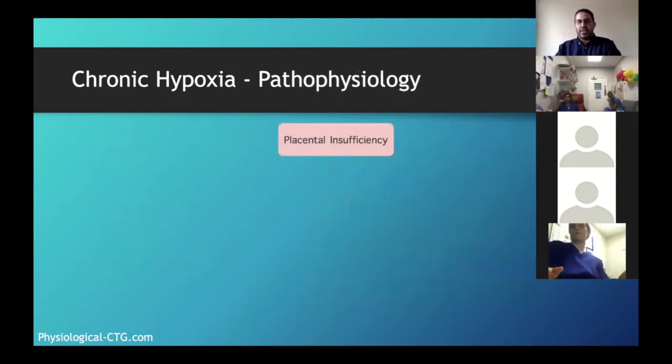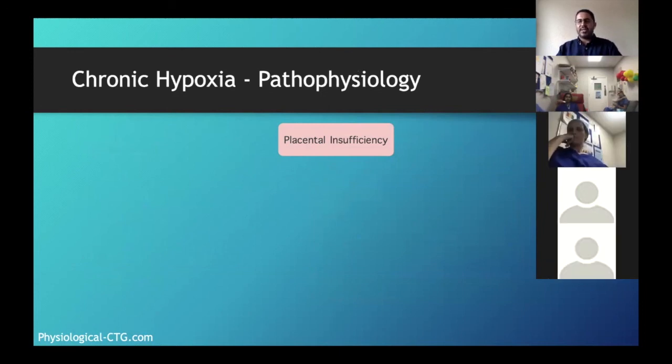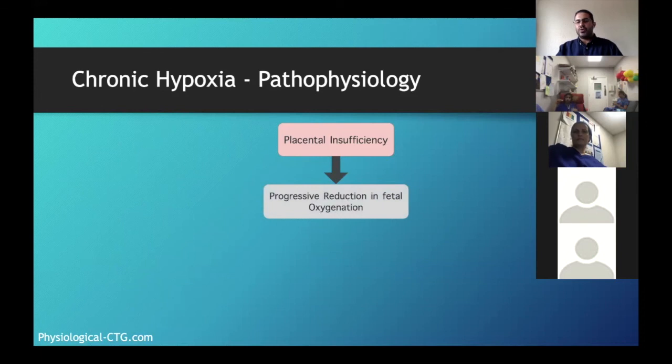Now, chronic hypoxia invariably is caused by placental insufficiency. The placenta along the way has lost a significant portion of its function, hence whatever it's producing is not enough for the baby. So regardless of the cause, the end result is a reduced oxygen supply to the baby.